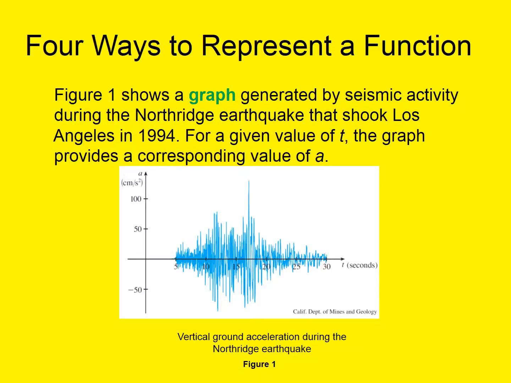For a given value of T, the graph provides a corresponding value of A, where A is vertical ground acceleration.